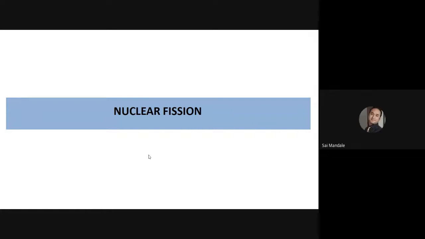The second question: if 1 kg of uranium undergoes nuclear fission, that is equivalent to the combustion of how many tons of coal? 4,500. Perfectly correct. And what about oil? Around 2,200 tons of oil. Very good. So let us see the nuclear fission reaction.